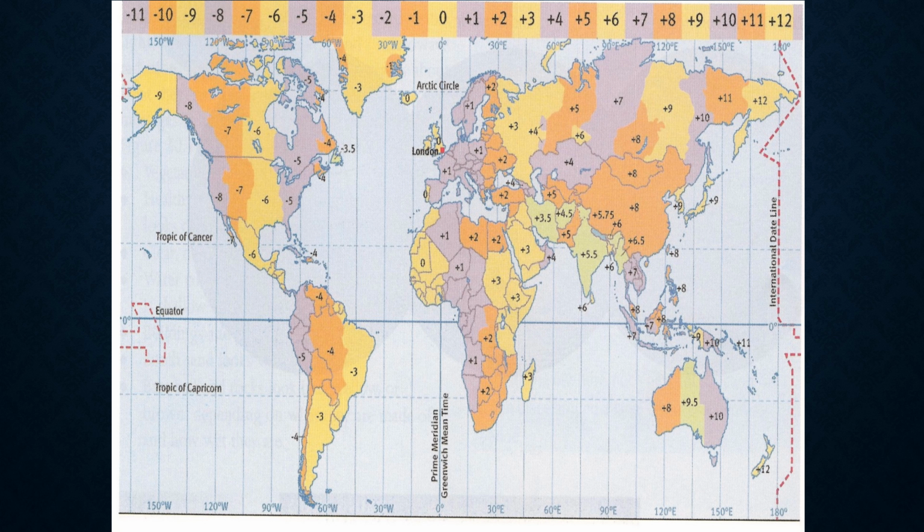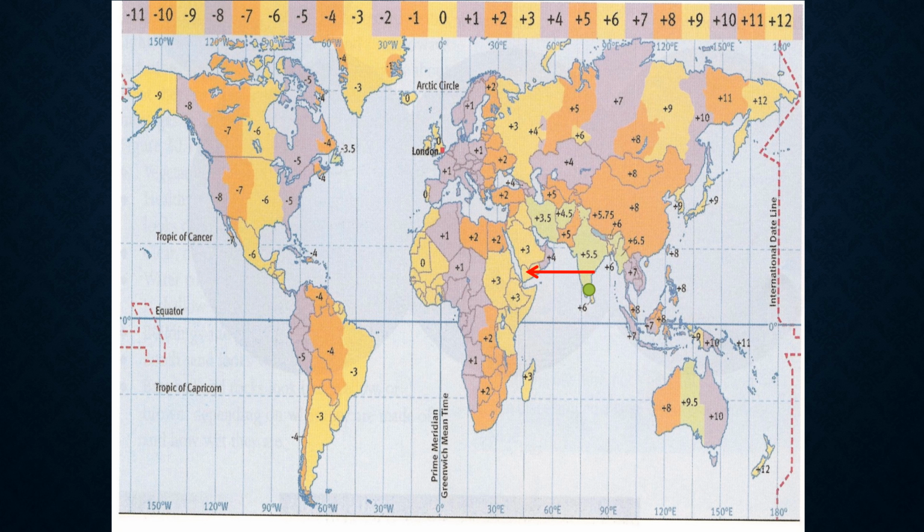Now, let us go back to our chart to see what direction the place located at 45 degrees east is in relation to the place at 75 degrees east. So here we have our 45 degrees east, and as the arrow indicates, pointing to the line which is at 45 degrees east, it means that 45 degrees east is actually east, or should I say west, of 75 degrees east.